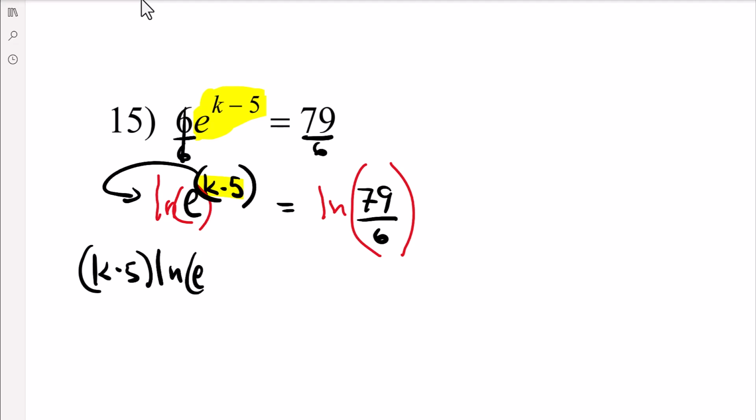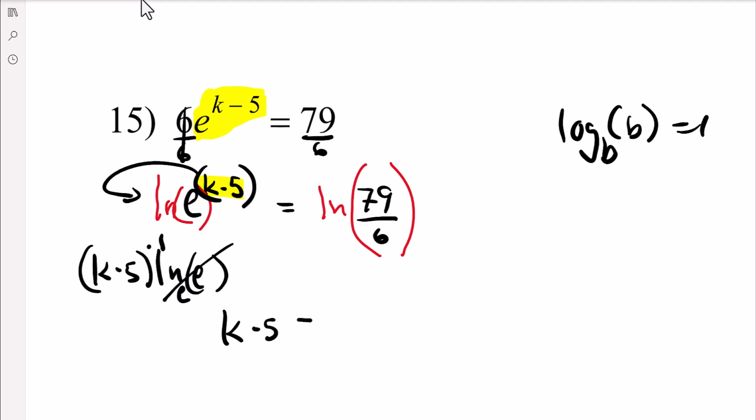Well, guess what? The ln of e, remember, the base is e, and remember what I said, whenever you have a base number the same as the base itself, that answer is 1. So we can cancel that to be k subtract 5 times 1, which is just k subtract 5. And now we just add 5 to both sides.